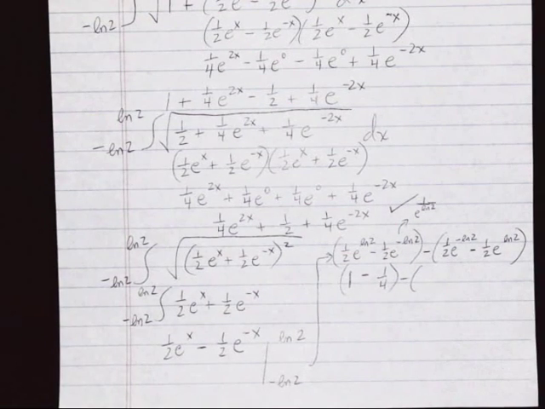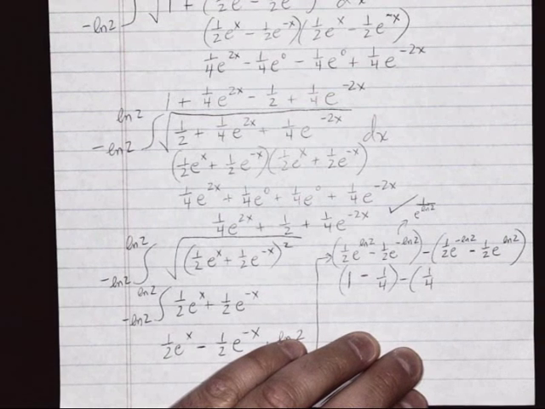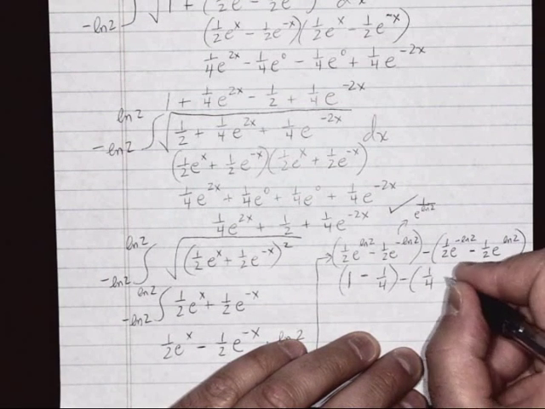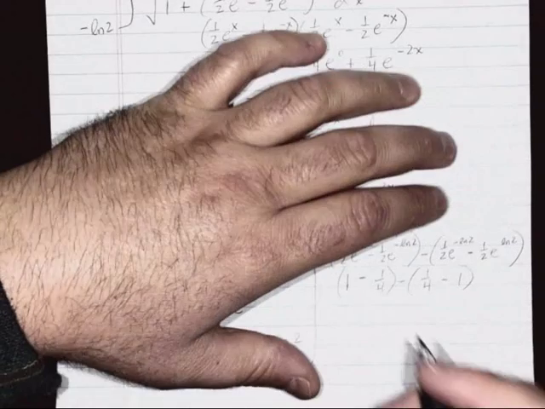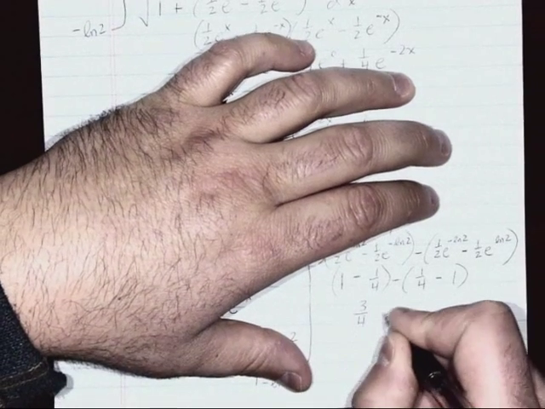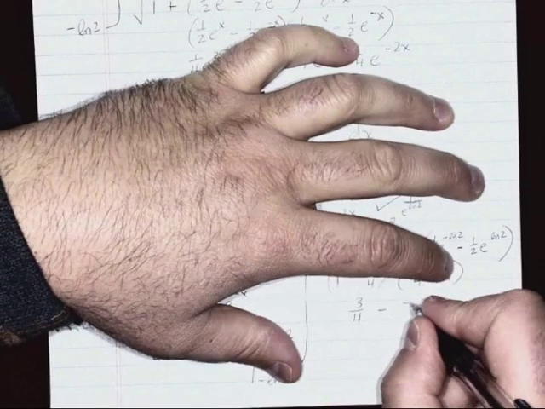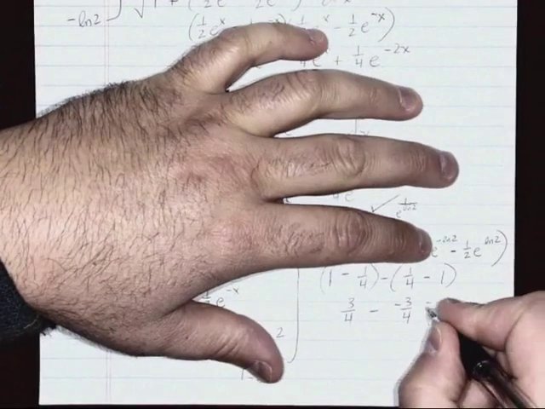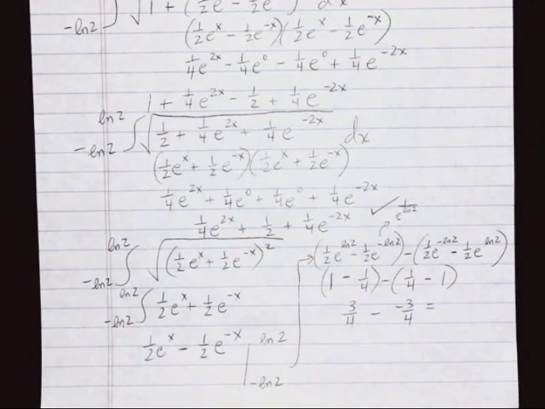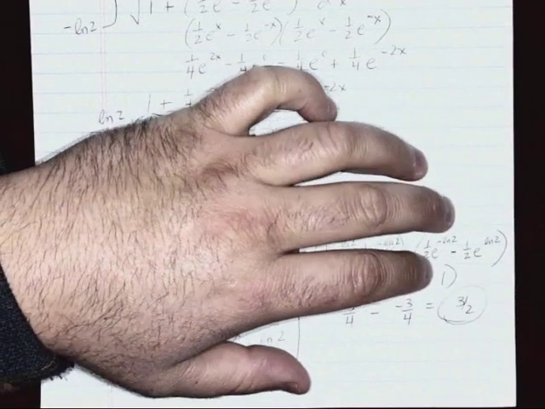That's going to be a fourth. And same thing here. That's going to be a 1. So 1 minus a quarter is 3/4. Minus a quarter minus 1's negative 3/4. And of course those double negatives are going to turn to positives. So that's really going to be addition, which will then turn to 3 over 2.